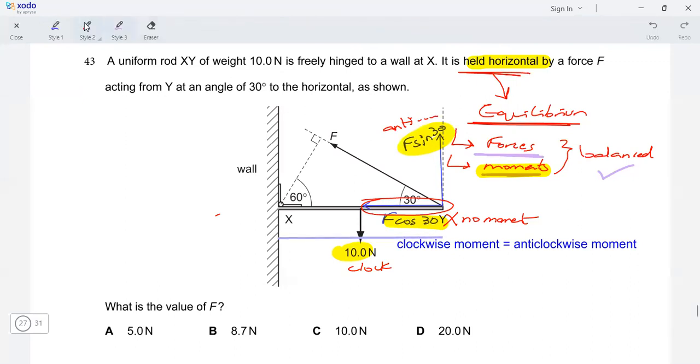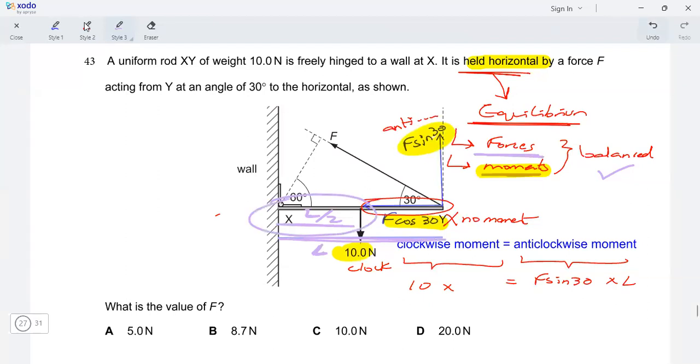Let me name this entire distance as L. So the anti-clockwise moment should become F sine 30 multiplied by L. And the clockwise moment should become 10 multiplied by L upon 2. Look at the diagram. This is the weight which acts on a uniform rod, meaning it acts exactly at the center of the rod. So this distance would automatically become L upon 2.